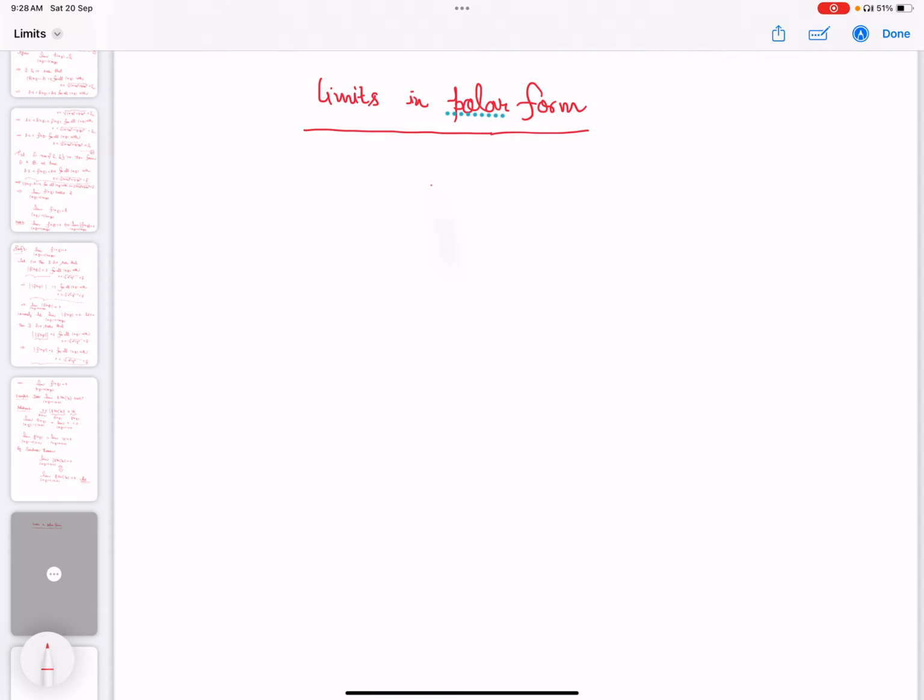Suppose we have the x-axis, x dash, y, y dash.